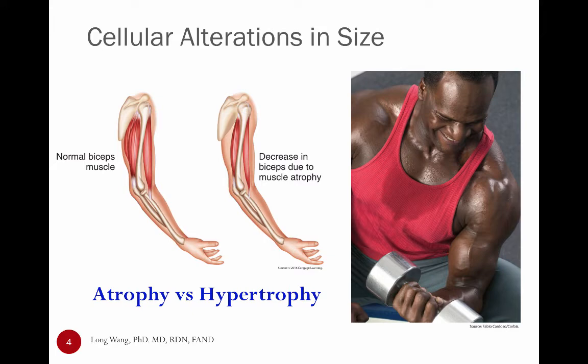We can see in the figures on the left, the size of a normal bicep and the size of atrophy when it occurs to a bicep. Definitely, muscle undergoing atrophy is smaller in size.